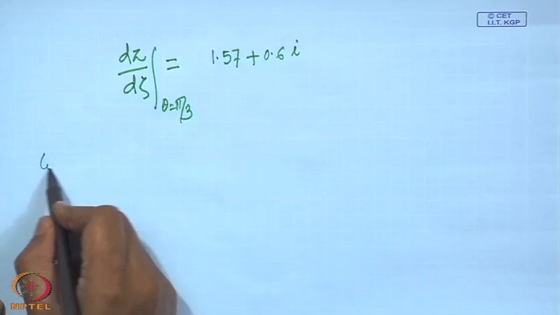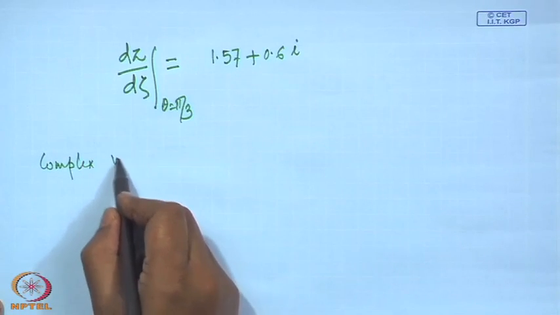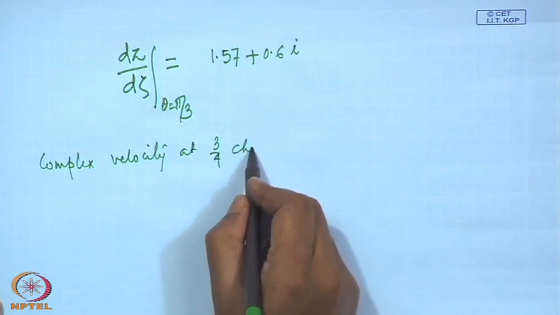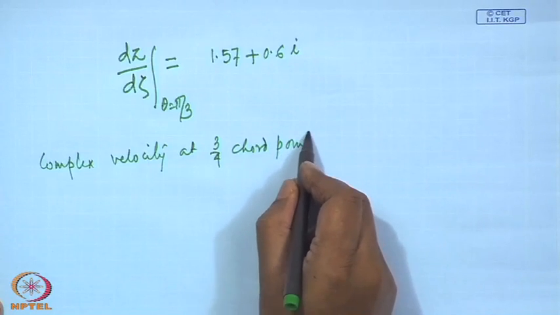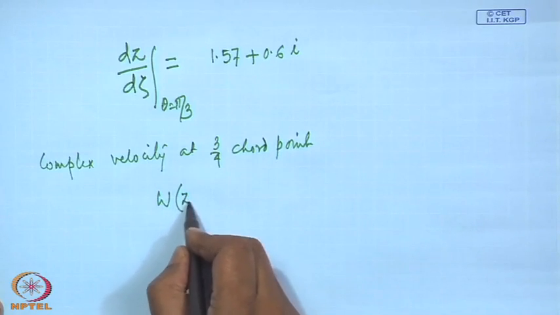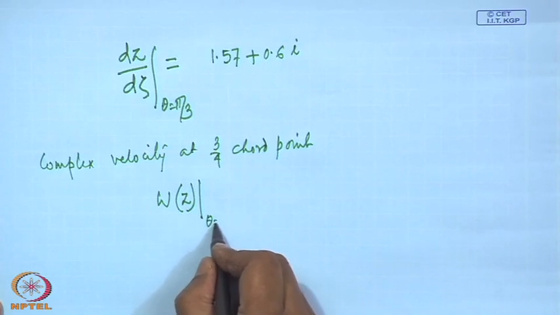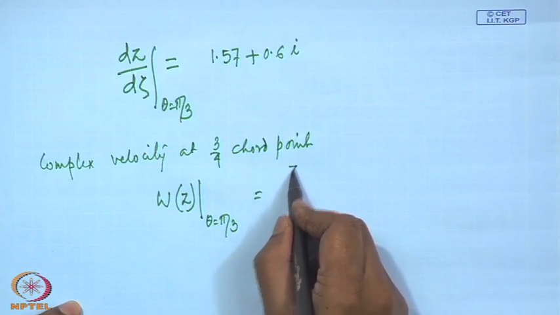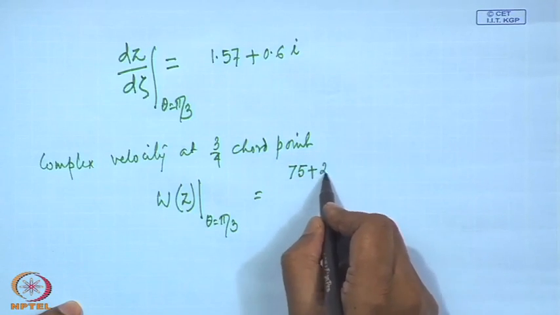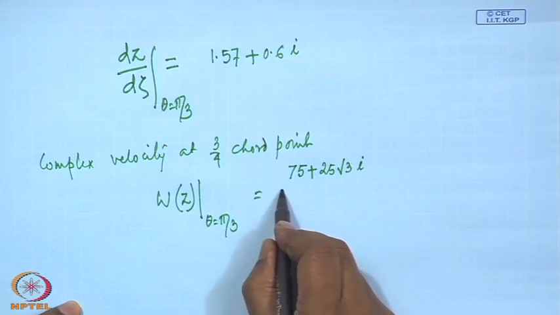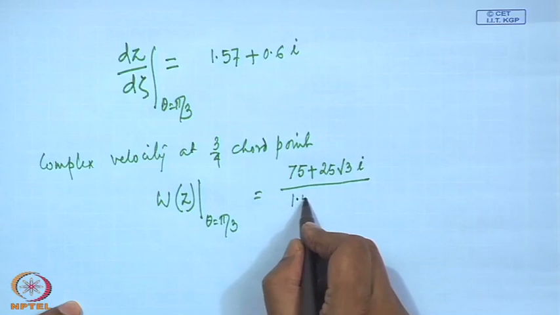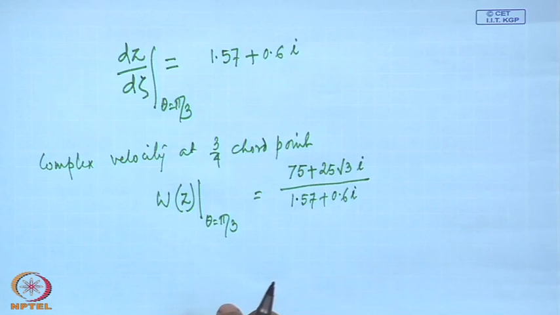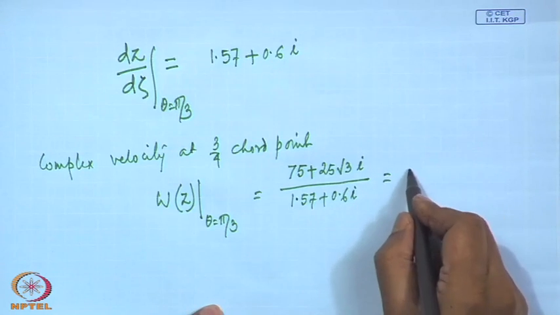So, finally, the complex velocity at the 3/4 chord point is what I obtained.